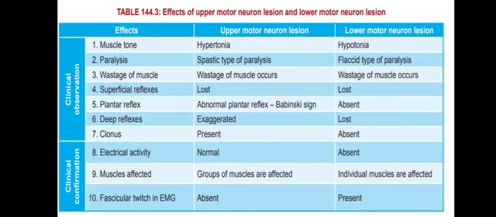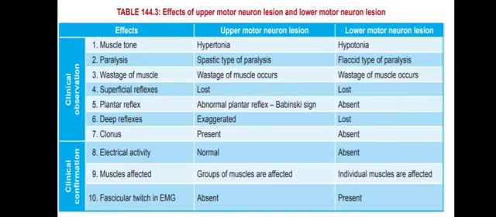So if it gets affected, a group of muscles will get affected. At the same time, in lower motor neuron lesion, it is individual nerve fibers, peripheral motor neurons, terminating at different muscles. So individual muscles are affected in case of lower motor neuron lesion.